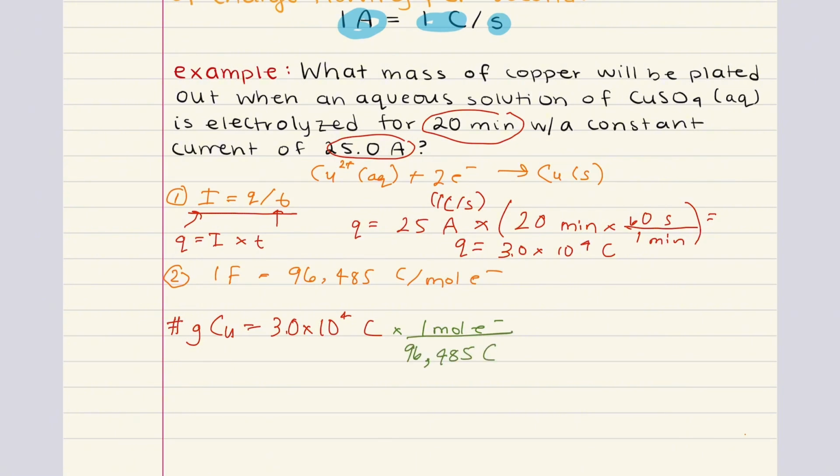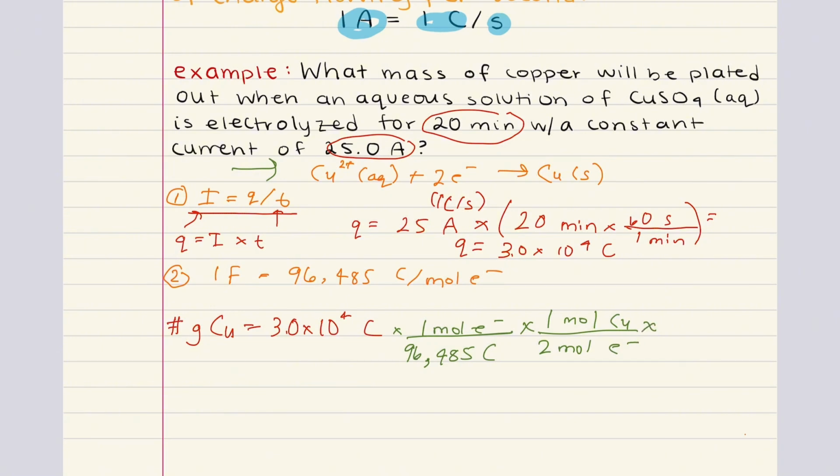Then our next step is perhaps the most important step of this calculation. We're going to use a mole-to-mole ratio. Let's look at our half reaction here. Copper was reduced from copper 2 plus to solid copper, so every mole of copper that plated out required 2 moles of electrons. So for 1 mole of copper, we had 2 moles of electrons.